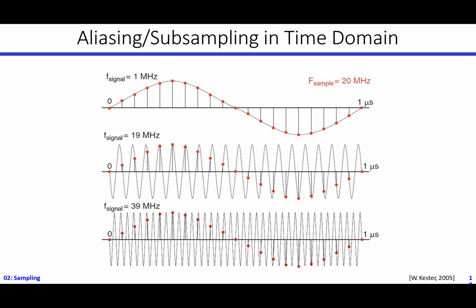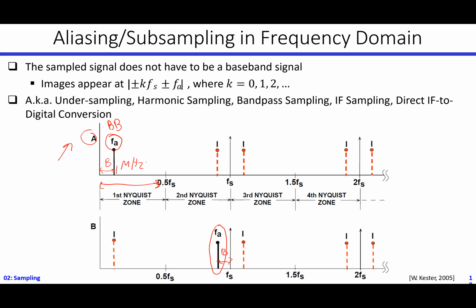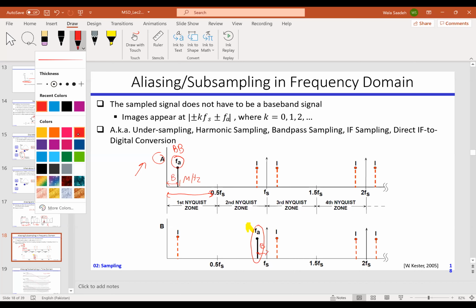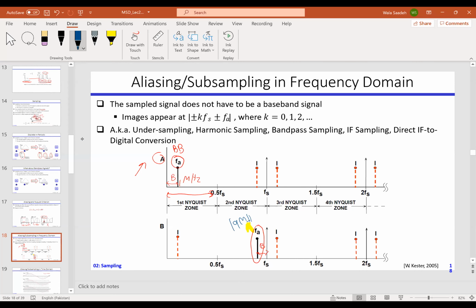Now, what if I have an original signal of 19 megahertz? This is the 20, the sampling frequency, and 19 megahertz is again just 1 megahertz different from the 20.